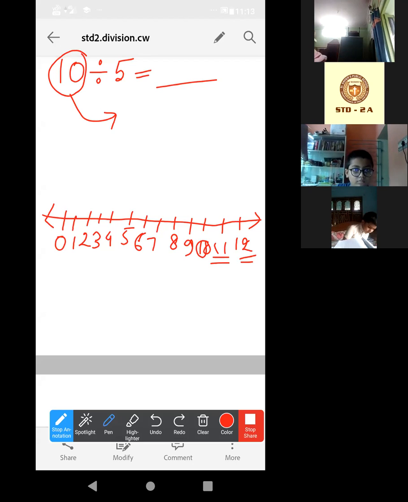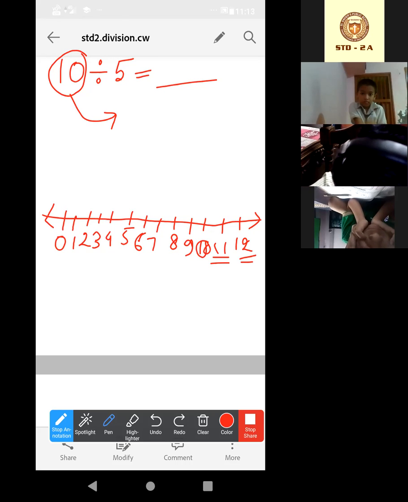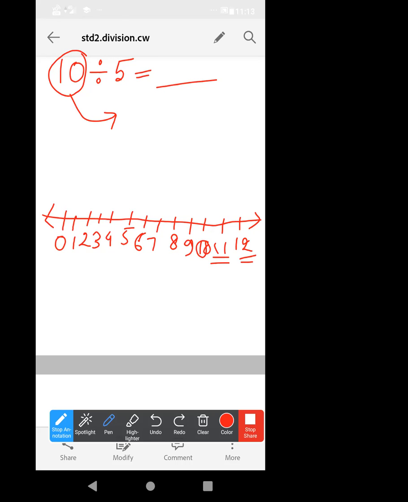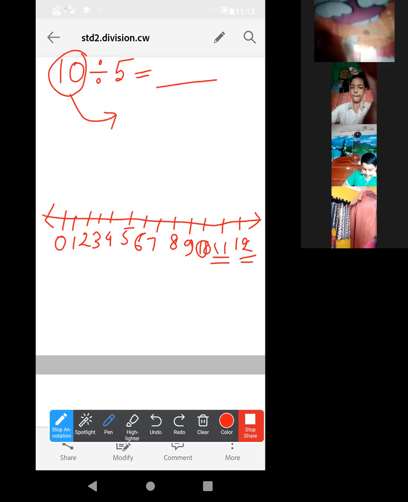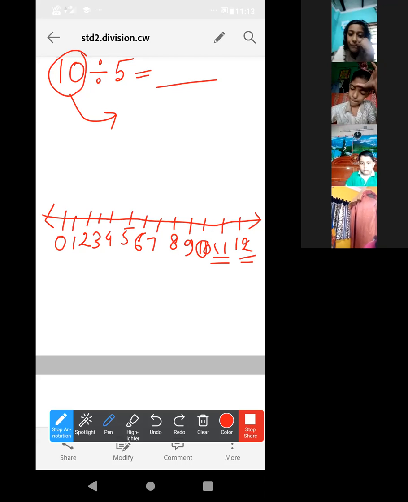I have taken 2 more numbers. Understood up to this? How to draw the number line? Yes, good.